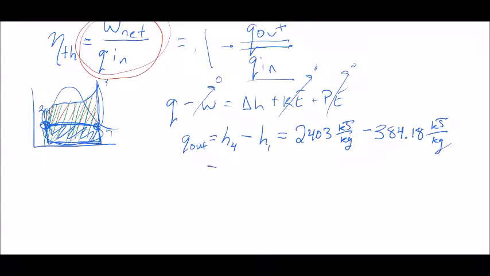So now Q out, we can do the very simple math, is 2,019 kilojoules per kilogram.